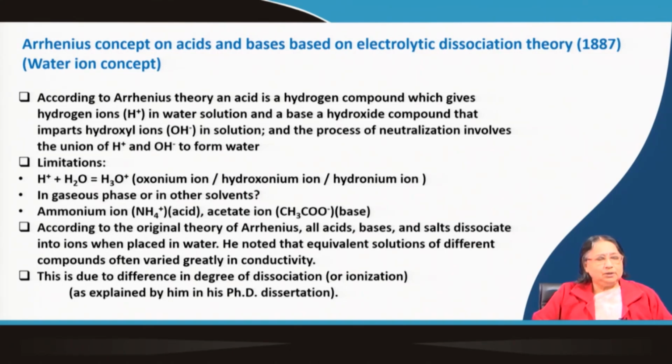For example, we all know now that proton H plus cannot stay as such because of its high hydration energy. It immediately combines with the water molecule to form H3O plus, which is the oxonium ion. It is also called hydroxonium ion, and also hydronium ion.